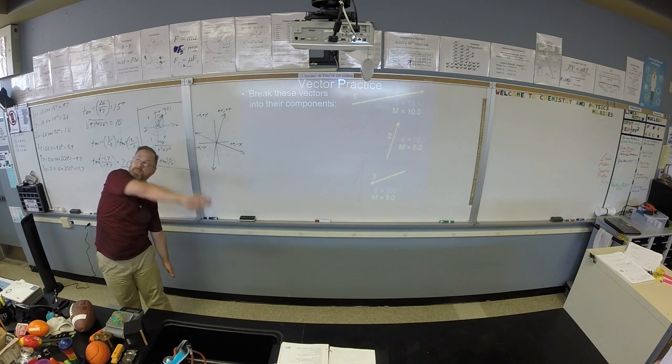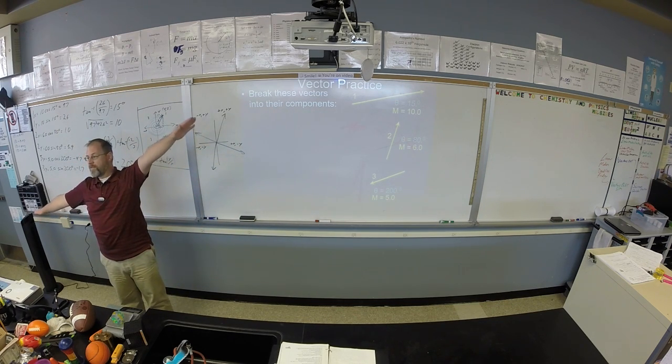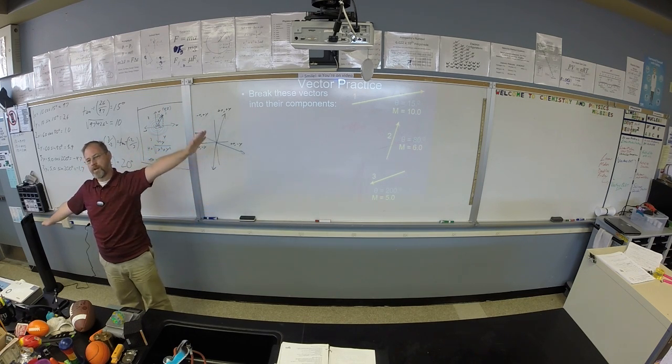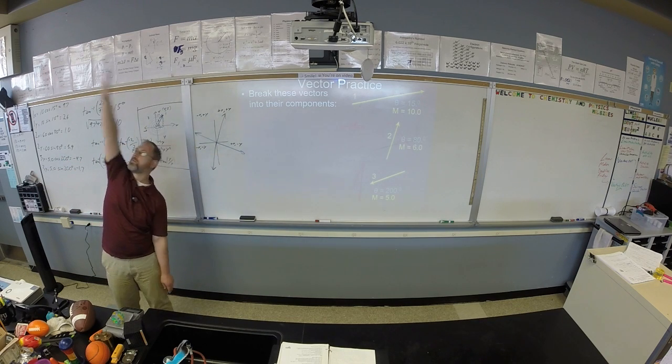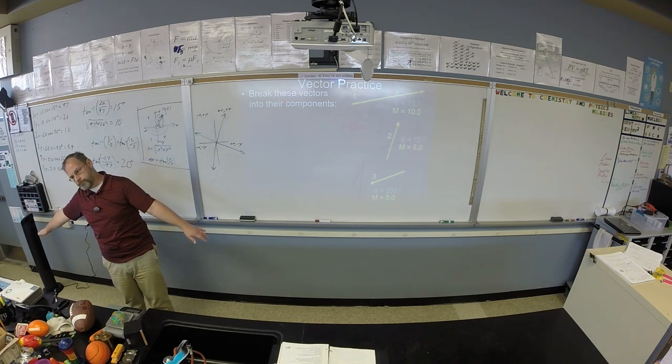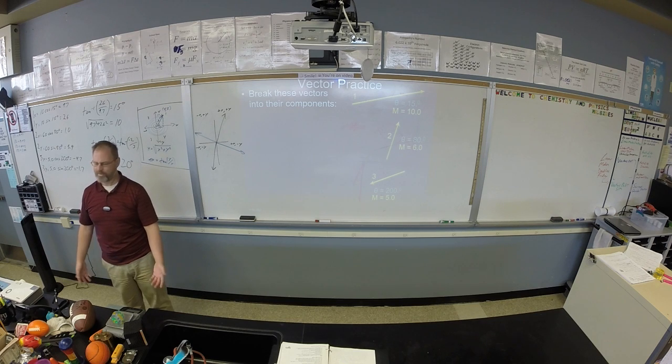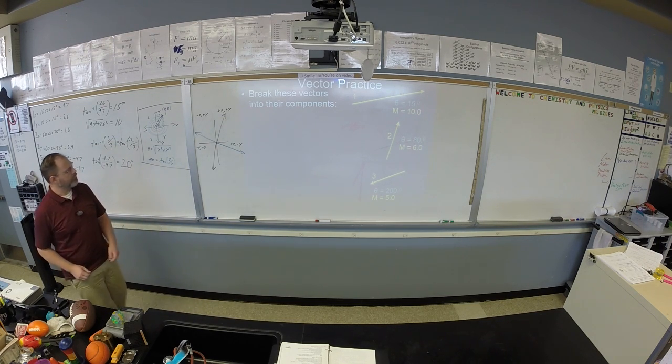Oh, this is 200 degrees. The calculator doesn't know. It's going to say it's this value. You need to know that the two components of the vector were both negative. It's not 20 degrees, it's 180 plus 20 degrees. Make sense? Yes. Okay.